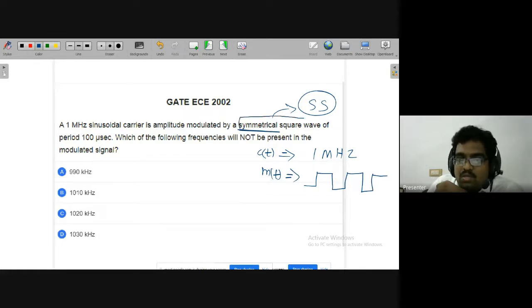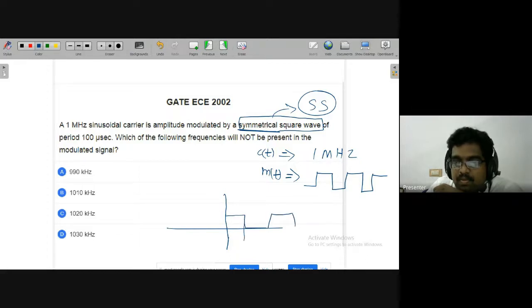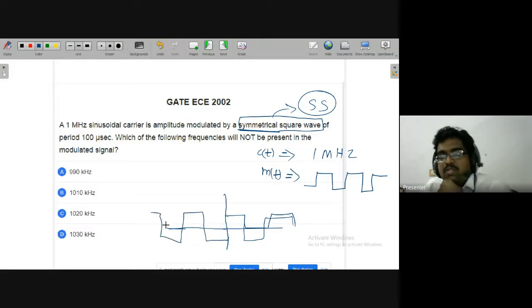Now you should know what a symmetrical square waveform is. The symmetrical square waveform will be like this. So instead of a sinusoidal signal, they are giving a square waveform, a symmetrical square waveform, where the on time and off time are both the same.